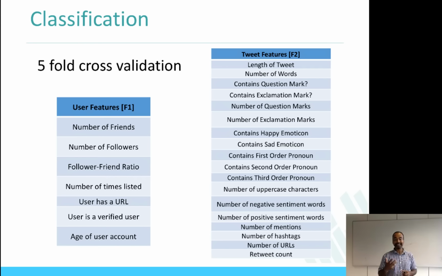Number of times listed. List is another feature in Twitter. Let's say I want to create a list of all the students who are taking the PSOSM course. I'll create a list called PSOSM course on NPTEL, and I will add all the Twitter users onto this list. That's called a list, and this list has been used in different interesting ways. If I were to find experts around the world on a particular topic, a list could be one of the good ways to find them.